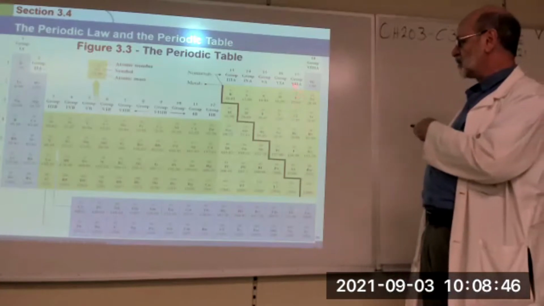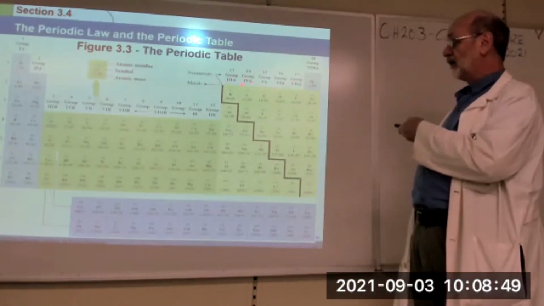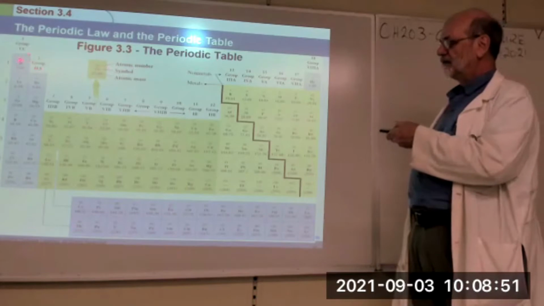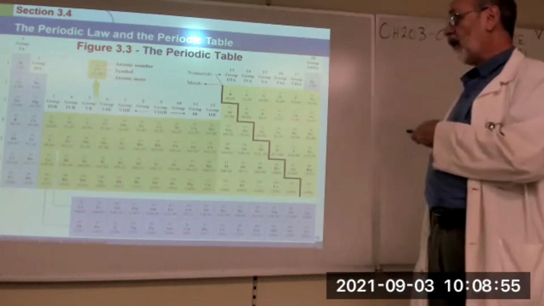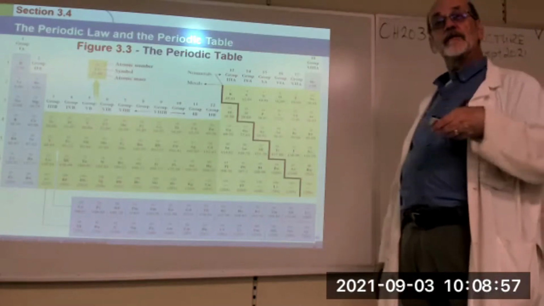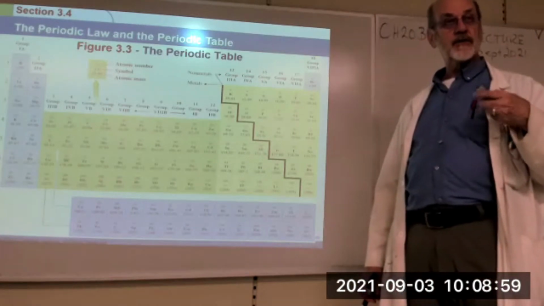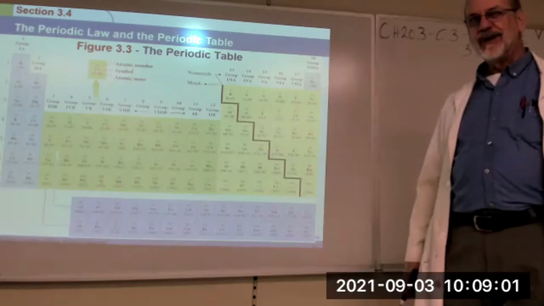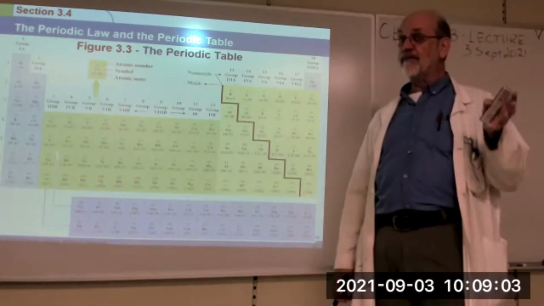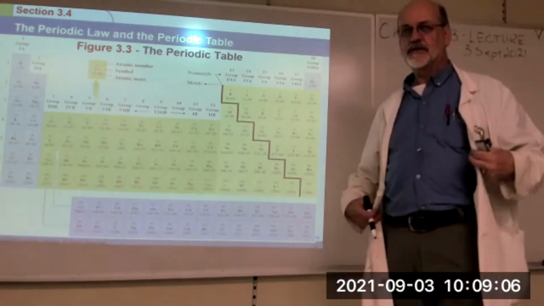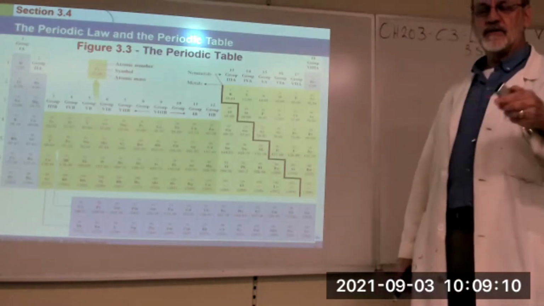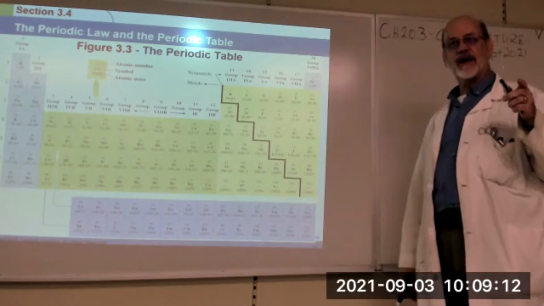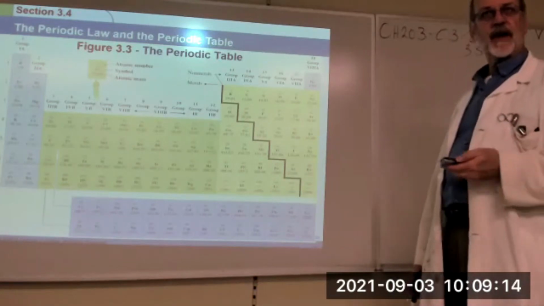We could have put it anywhere, actually. But we stuck it over there, probably because most of the time when it forms an ion, it forms a +1 ion. But sometimes it can form a -1 ion. Hopefully when we start talking about compounds, I'll show you one. Let's just put it that way.